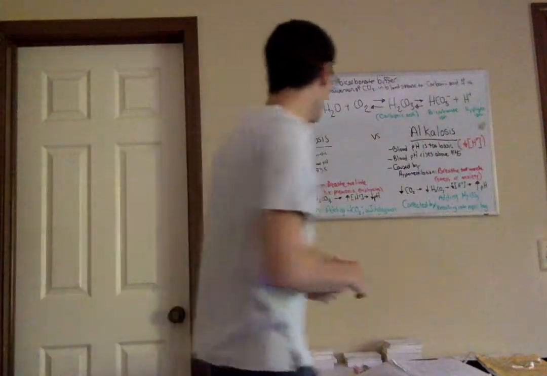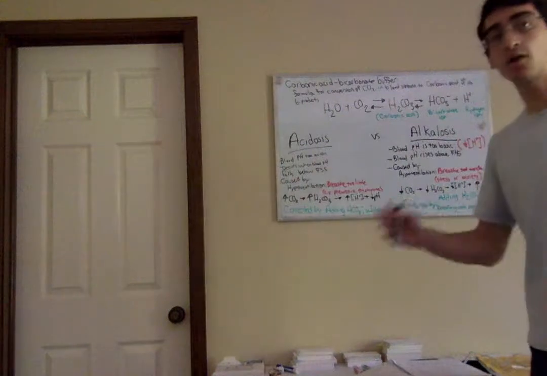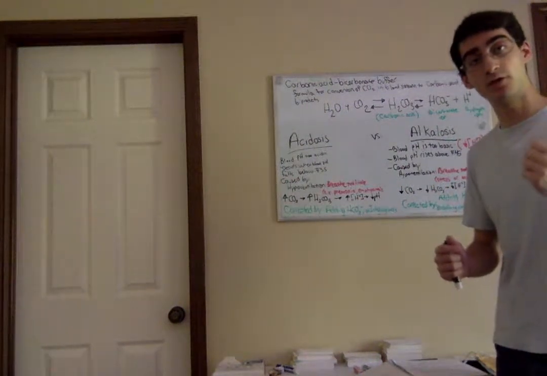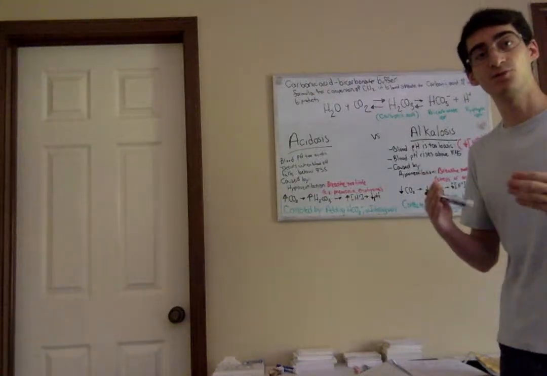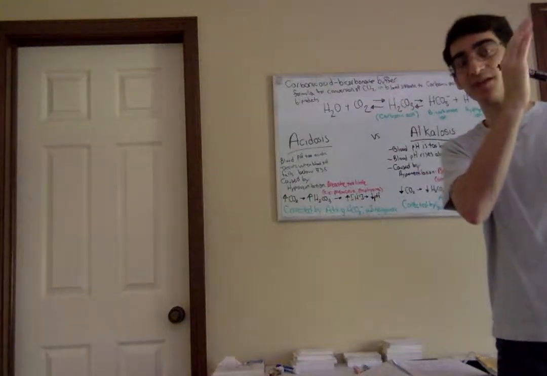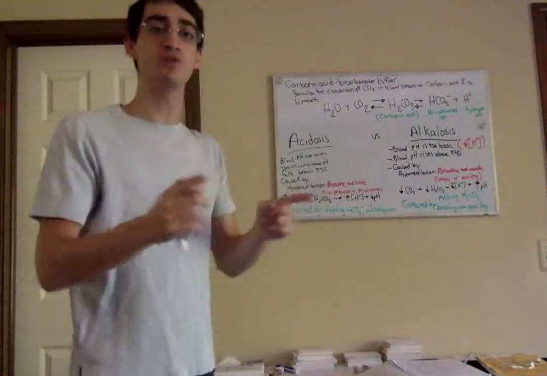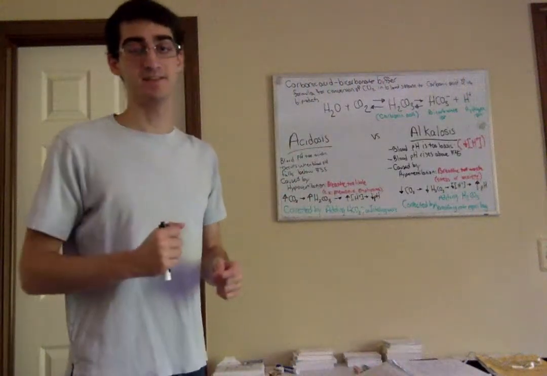What will that lead to in our bloodstream? An increased concentration of H plus ions. If you look back at my other video, what has a greater concentration of H plus ions as opposed to OH minus ions? Acids.